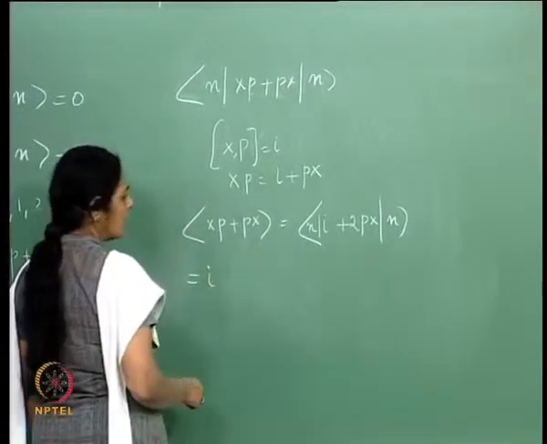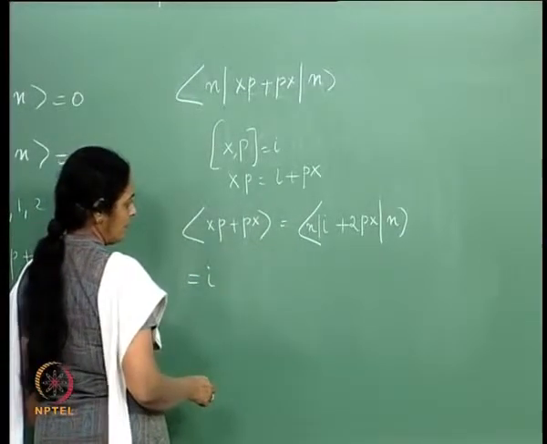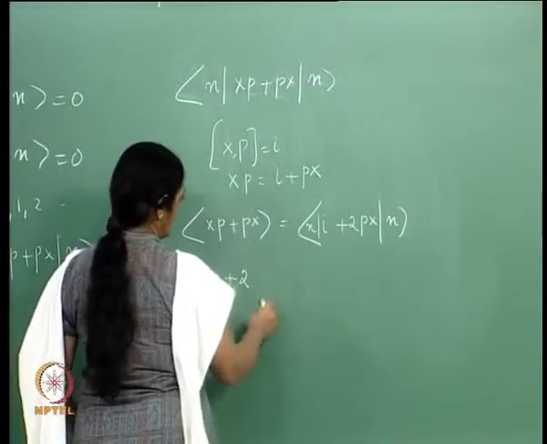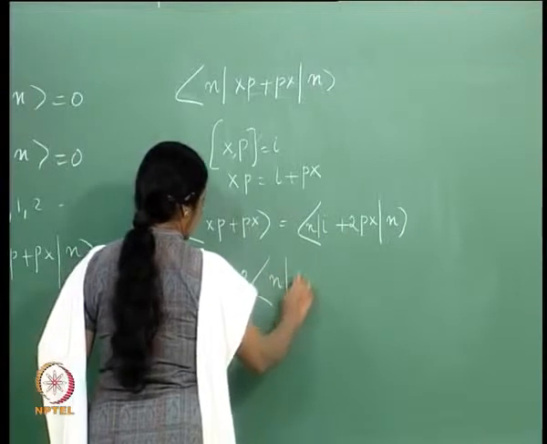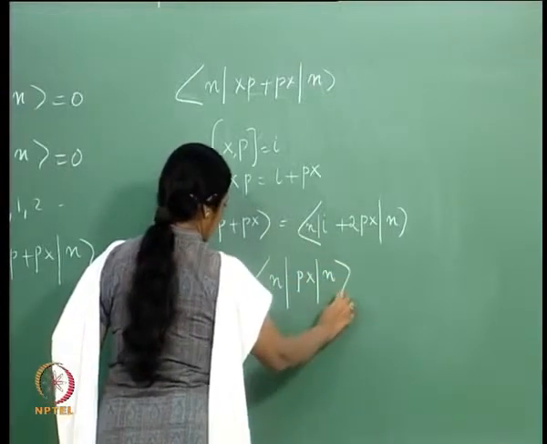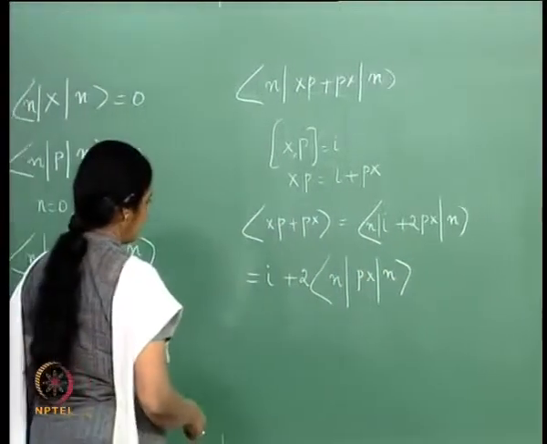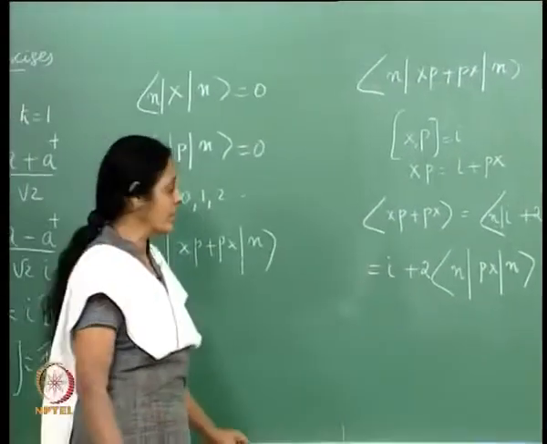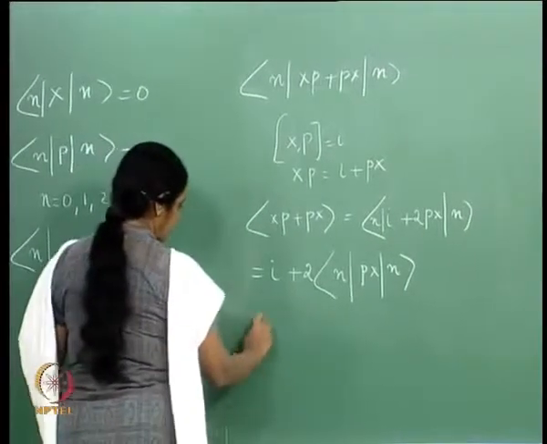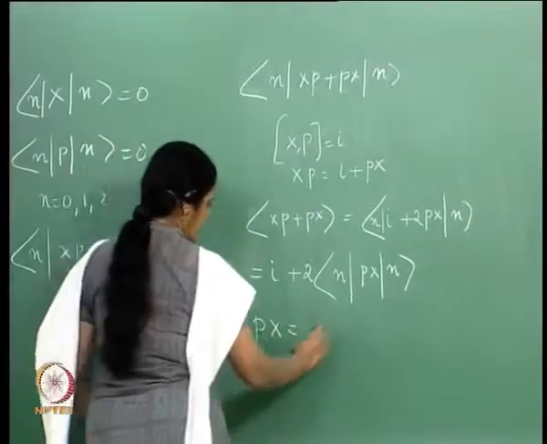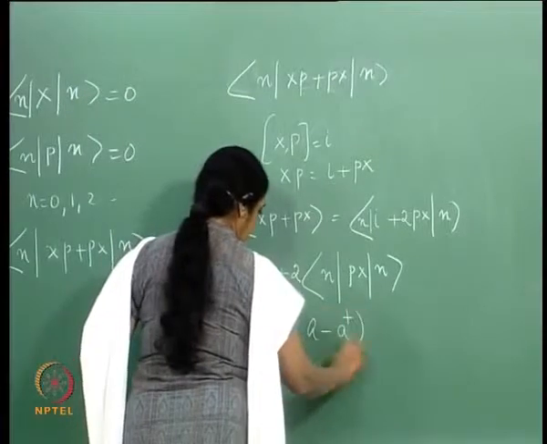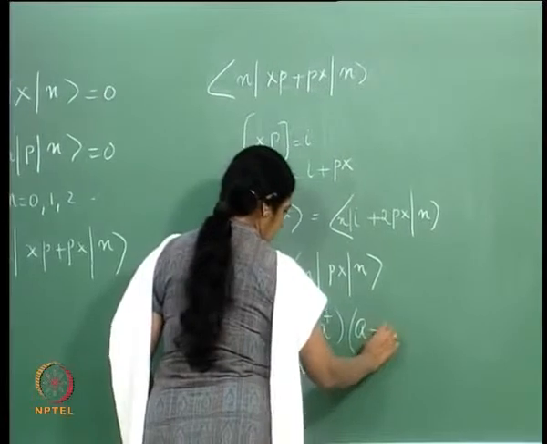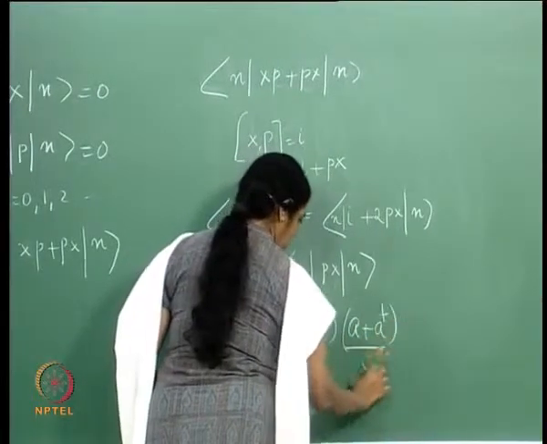The first term simply gives me i. The second term is really this. I now expand p and x in terms of a's and a daggers. px is (a minus a dagger) by root 2 i times (a plus a dagger) by root 2.